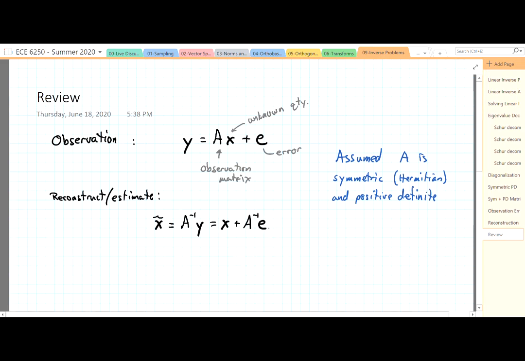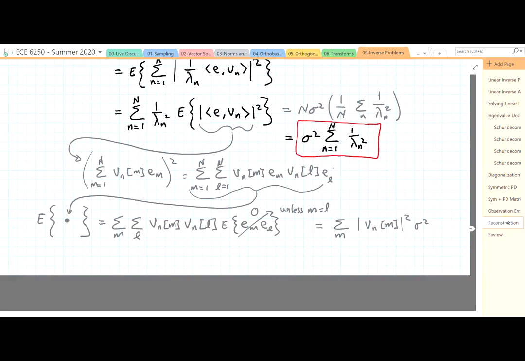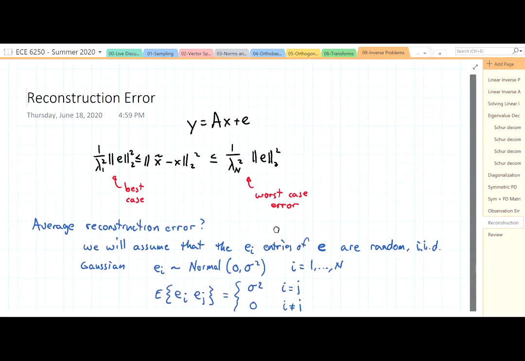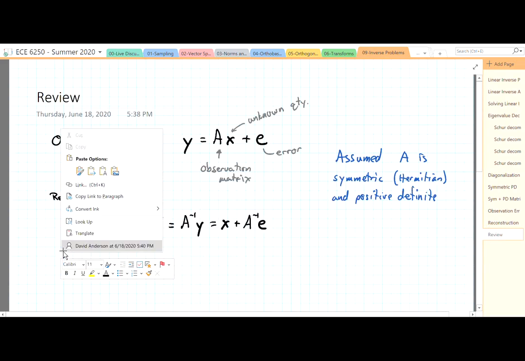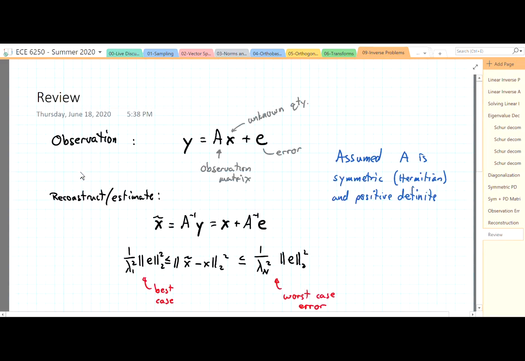And then we have our best and our worst case reconstruction errors here.